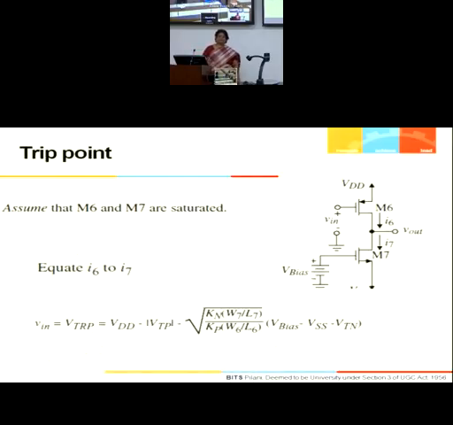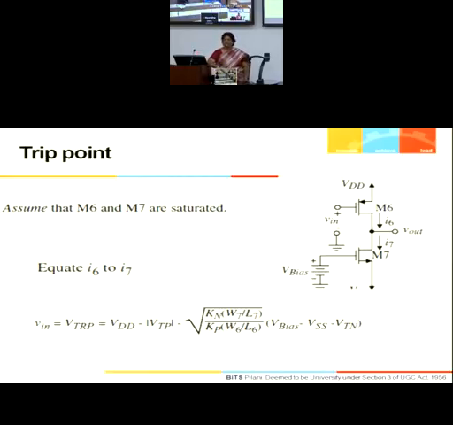Fine, so now which point should we take as a trip point? Trip point means that value of the input at which output will change its state. Something similar to inversion potential or switching threshold. Remember in an inverter, we have something called a switching threshold, and this output stage itself is like an inverter. This is nothing but an inverter only.